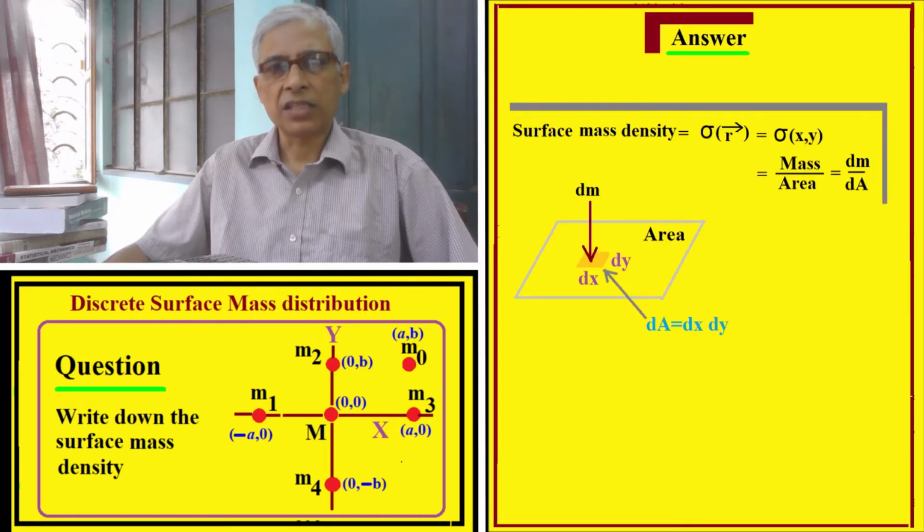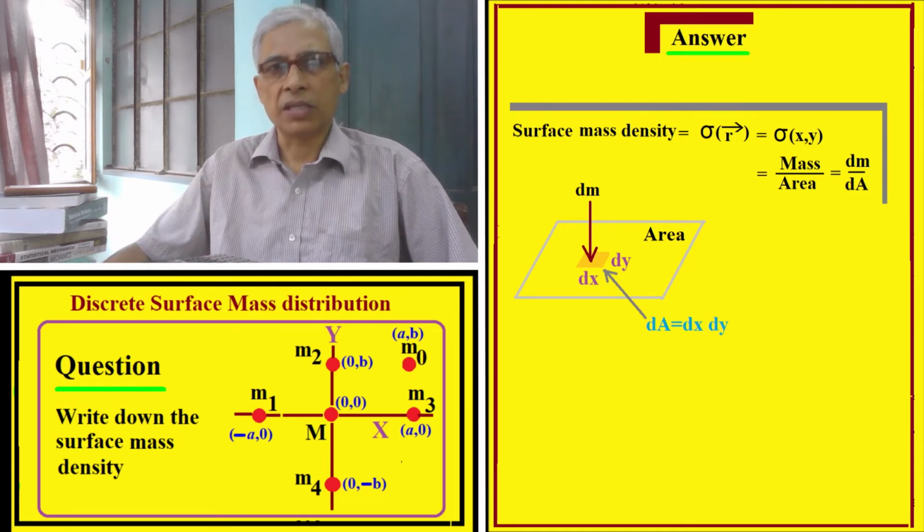Let us define surface mass density as sigma, which is mass divided by the area it occupies. So, if an elemental mass dm occupies a region of surface area dA, then the surface density is, by definition, dm by dA.